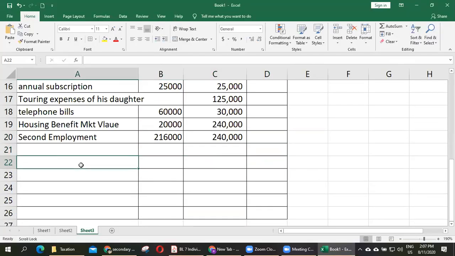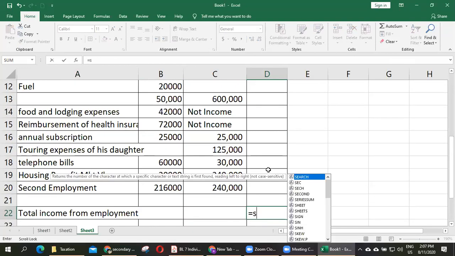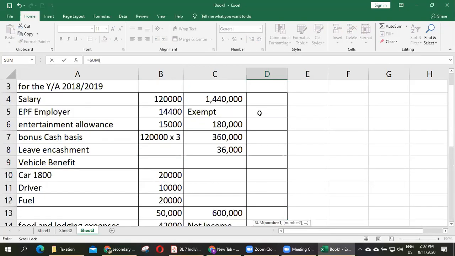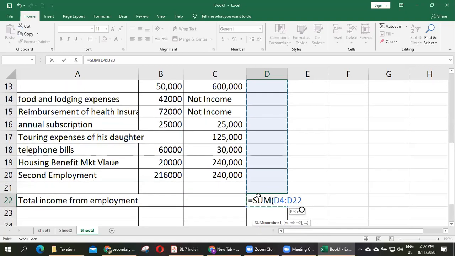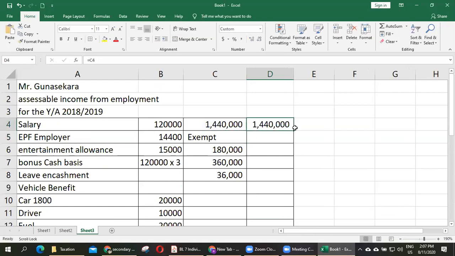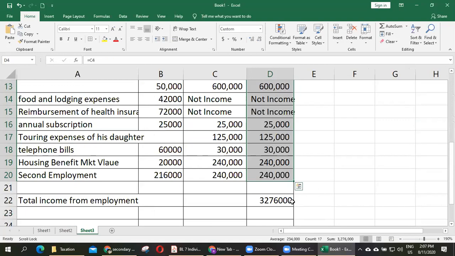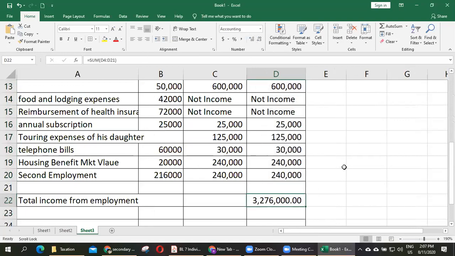Total income from employment payment. How much? Equal sum. 3,276,000.